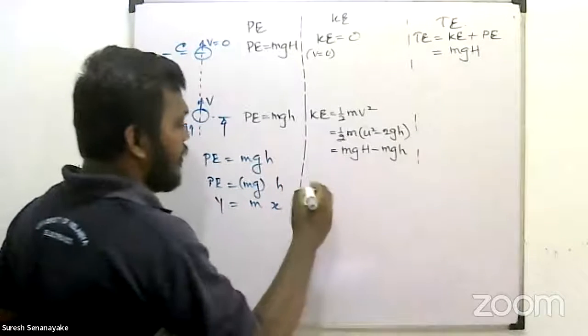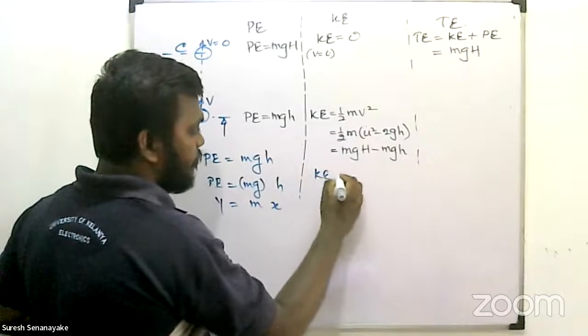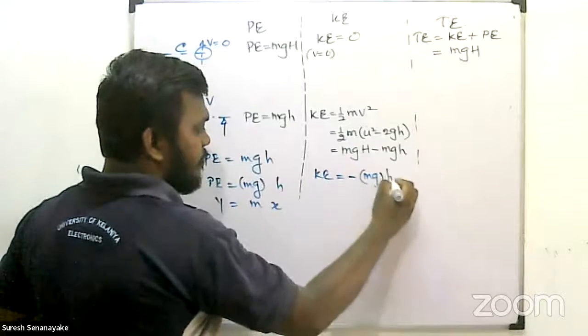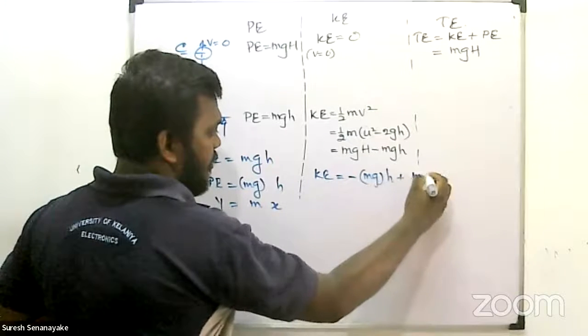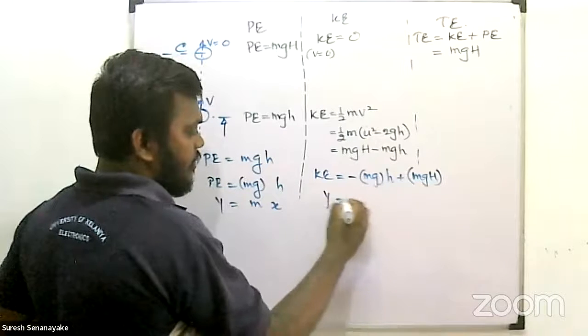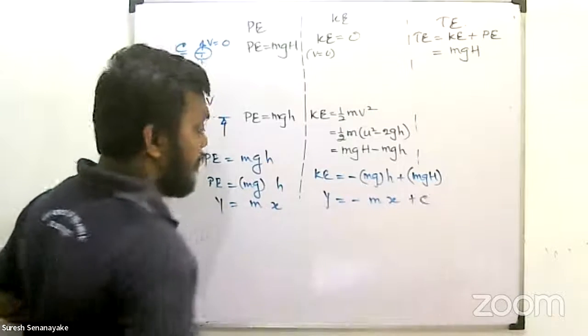If we consider the kinetic energy, that's KE equals minus mg times h plus mgh. Capital H is a constant value. So you can write this as an equation, y equals minus mx plus c type graph.